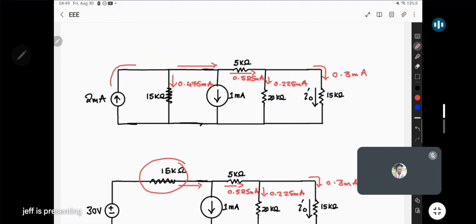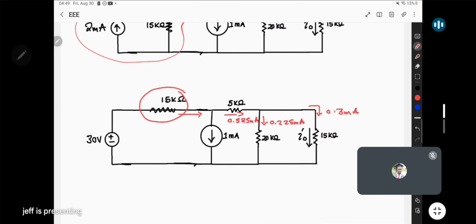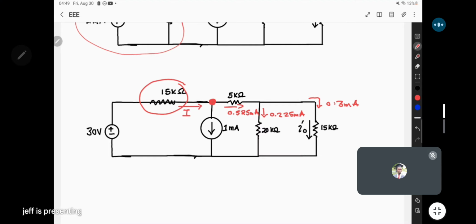That will not only be determined by this, it will be determined by a combination of this and the 2 milliamps there. But the easiest way to get it is just to look at current law at this junction. How much current must be entering if what went this side is 0.525, and what came down is 1 milliamp.